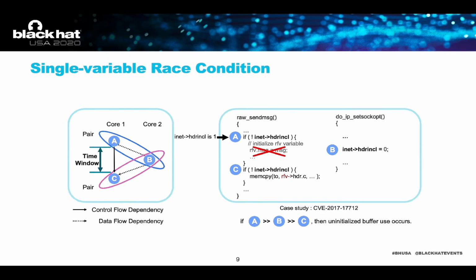Now, if the instruction B is executed and writes 0 to the header inclusion variable, the instruction C will then read 0 from the header inclusion variable, which results in the memory copy function calls with the uninitialized RFB variable.